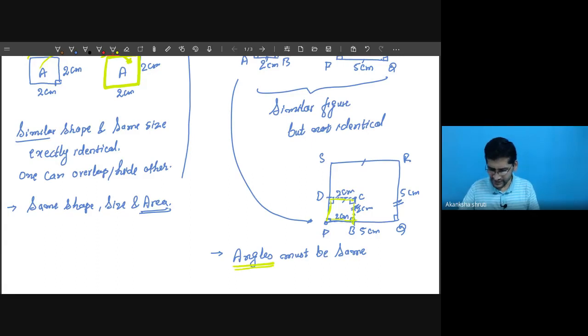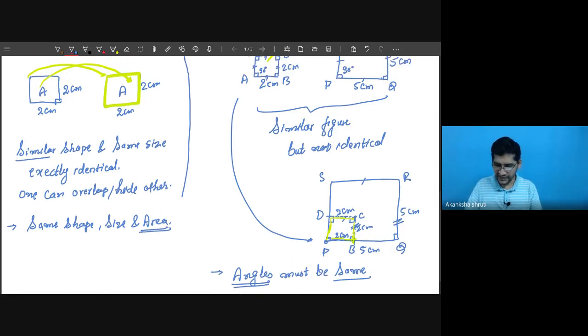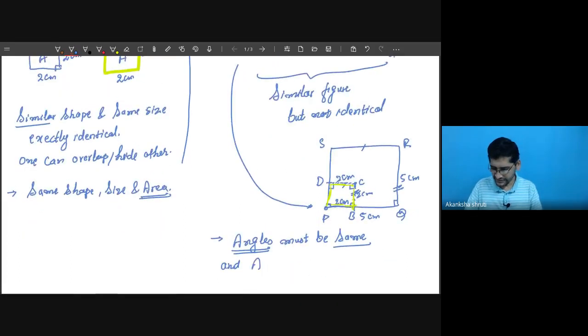This is the very first important thing that we have to keep in mind. So regarding angle, the criteria is developed, and area is different.